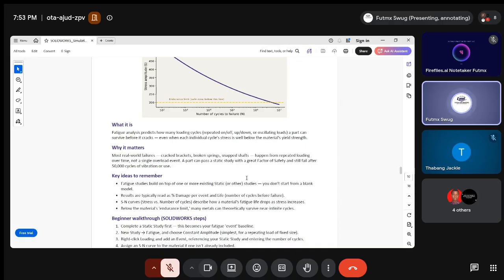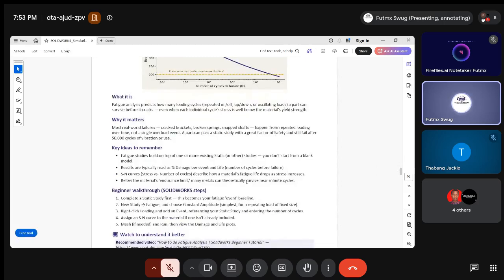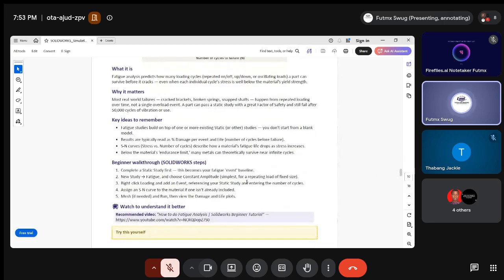So that's the key idea about your static study. I mean, your fatigue study. So your fatigue study builds on top of one or more existing static or other studies. You don't start from a blank model, like I said.